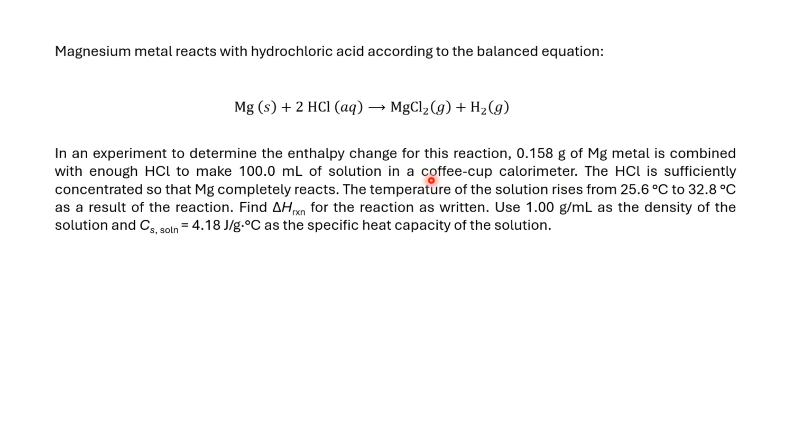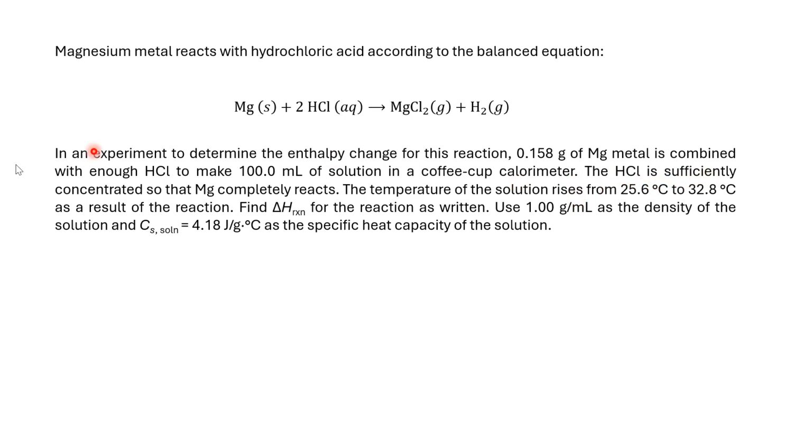So just think about this. You have a coffee cup calorimeter, you have a 100 milliliter solution in the coffee cup, and you have 0.158 grams of magnesium in there, okay? Reacting with the HCl. So the HCl is in solution, it's in water. That's basically what they're saying.